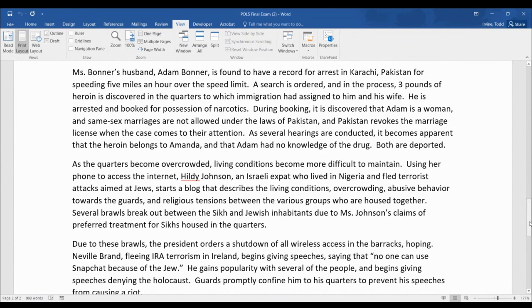But we know same-sex marriages are not allowed under the laws of Pakistan, and they revoke the marriage license. What does that have to do with it? Well, again, reason through. Typically, if you've got a married couple, they own property jointly. So if they had a reason to search Adam and his property, and that was considered joint property, then they could search the living arrangements.